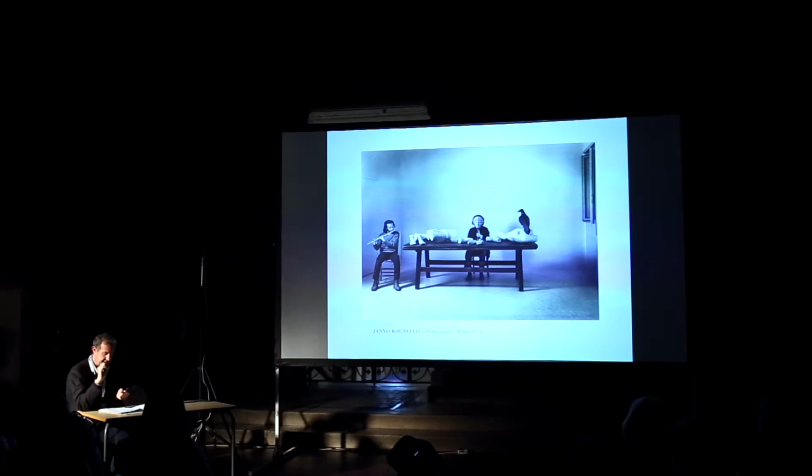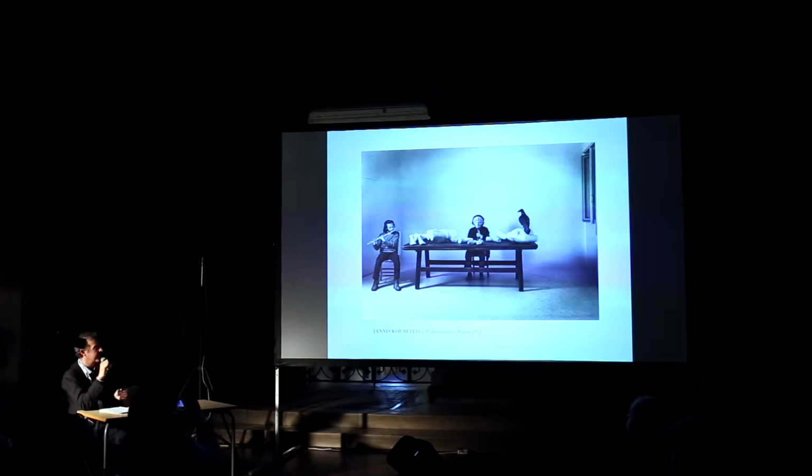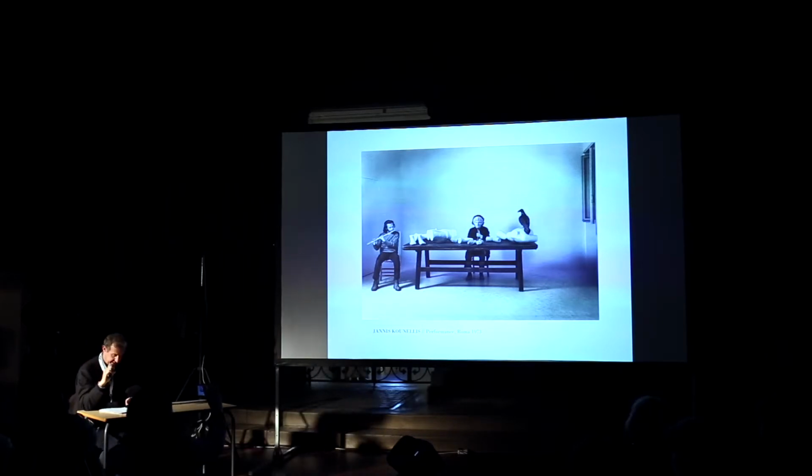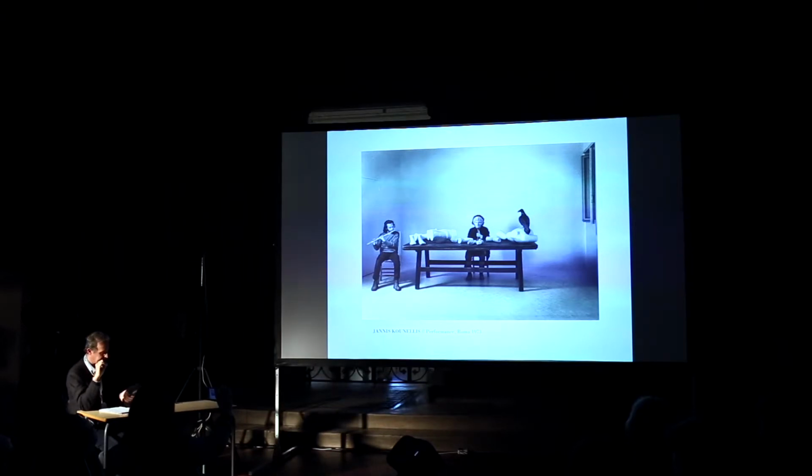Again, this idea of performing the fragments of the past is, in this performance of Yannis Kounellis, a relation with history that becomes also a political gesture, a gesture of criticism against contemporary capitalistic society, a gesture of protest. So it's a completely different meaning, as I told you.